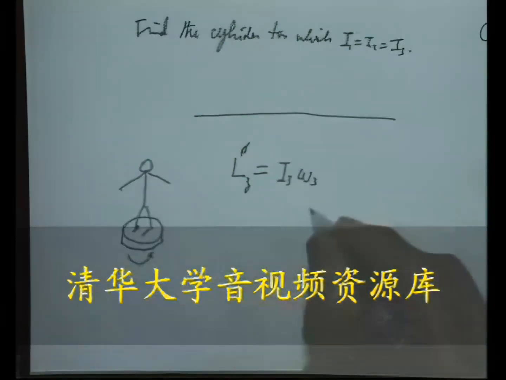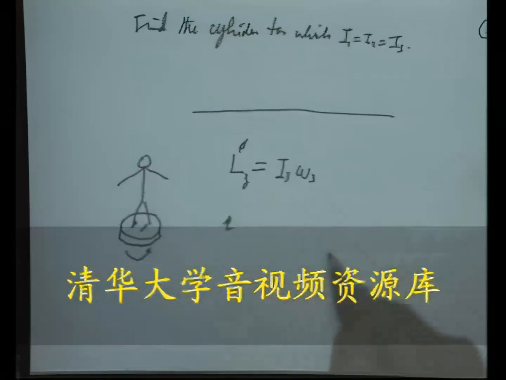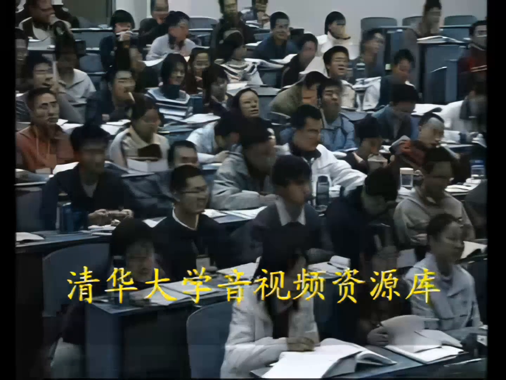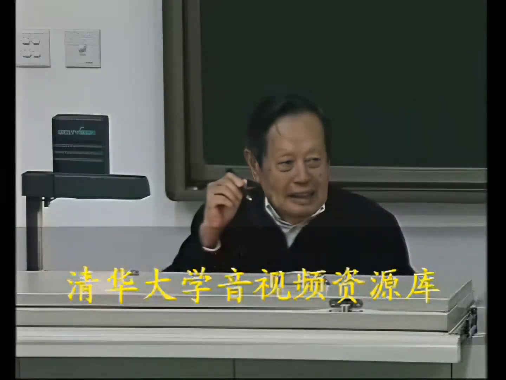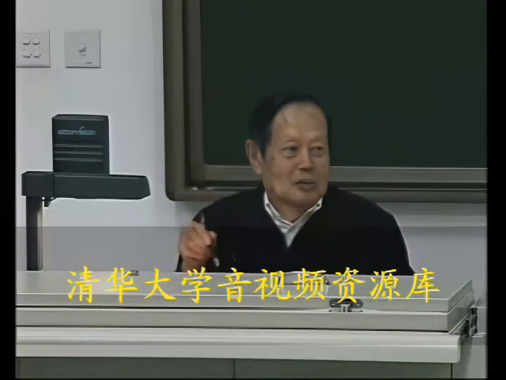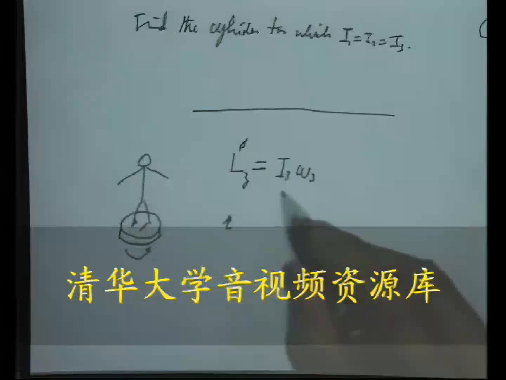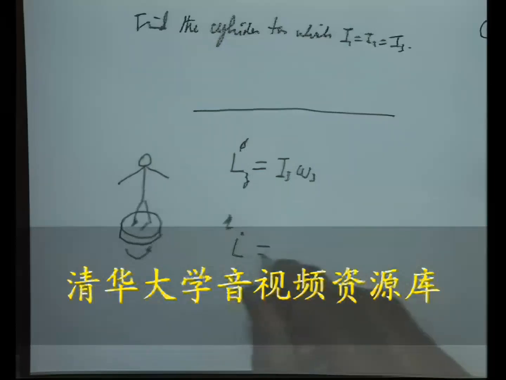And so when she moves the dumbbells closer to herself, it's clear that I becomes smaller, because I is equal to summation mi xi squared plus yi squared. So they become smaller. L dot is equal to torque.